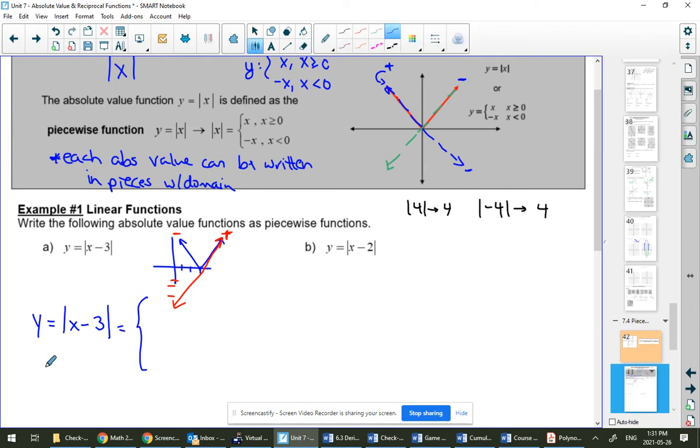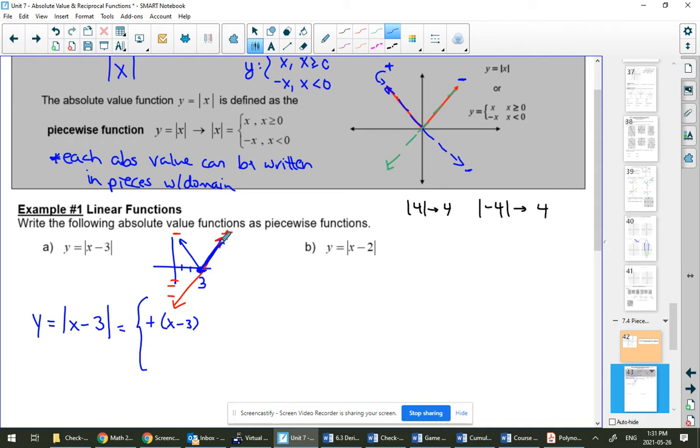Okay. So here we have the positive case. We're going to consider the positive case when x minus 3 is positive. Okay. When x minus 3 is positive, remember right here at 3. So when we're looking at when x minus 3 is positive, that's happening when all of my x values are getting bigger or smaller than 3.